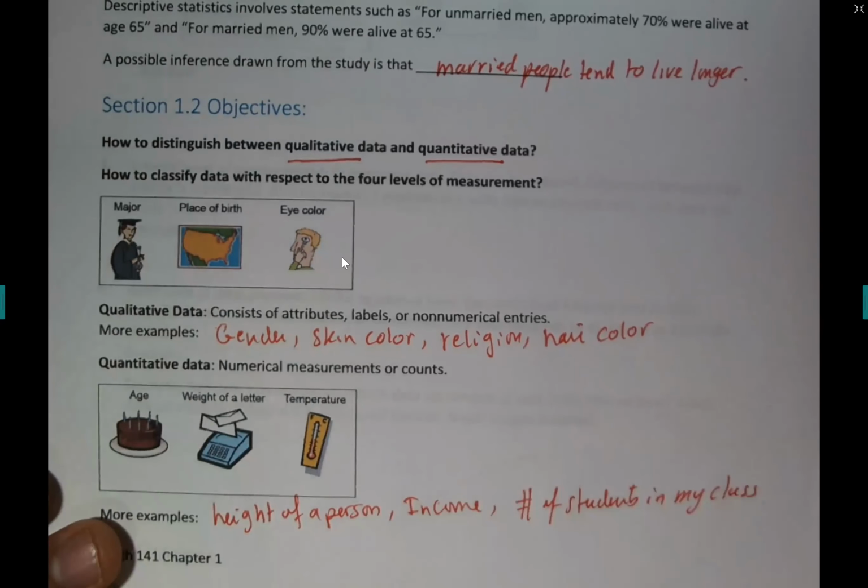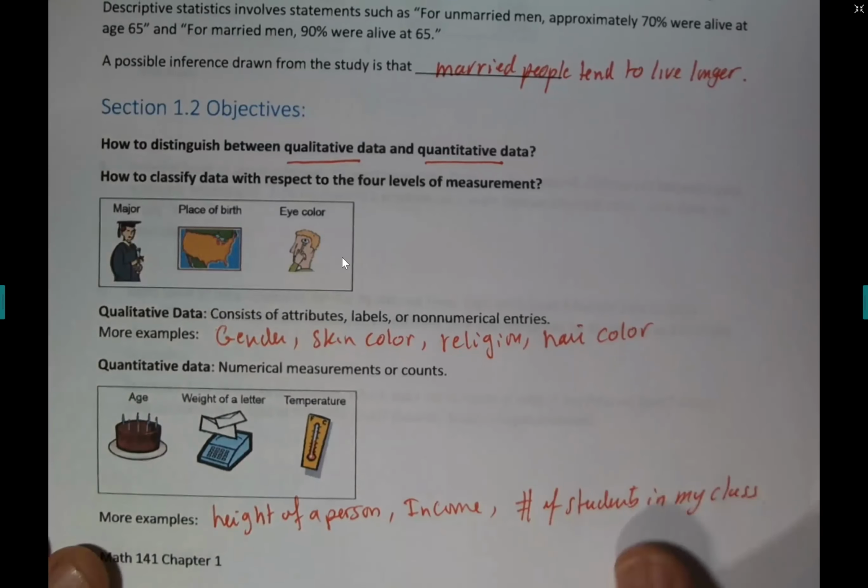As long as it is a number that you can crunch, guys, add, subtract, compare to other numbers, then it is quantitative data. So that's quantitative and qualitative.